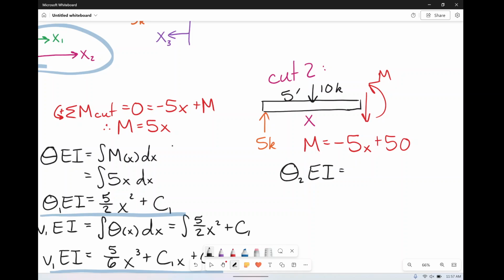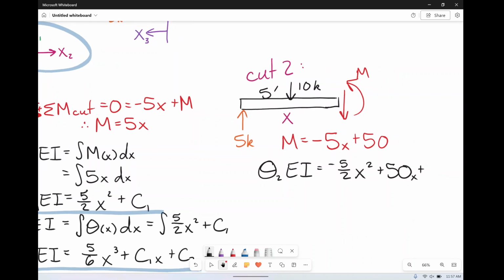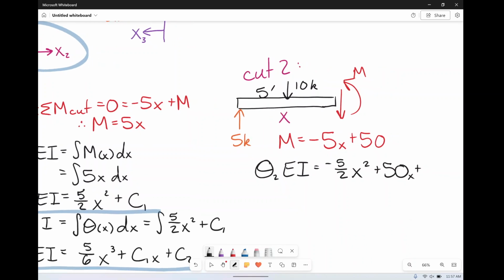Again, it's the integral of the moment equation, so take the integral of our minus 5x plus 50 here. And what we're going to get for this one is minus 5 divided by 2x squared plus 50x plus, it's not C1, it's not C2, we already have those. This will be C3. All the C's here.